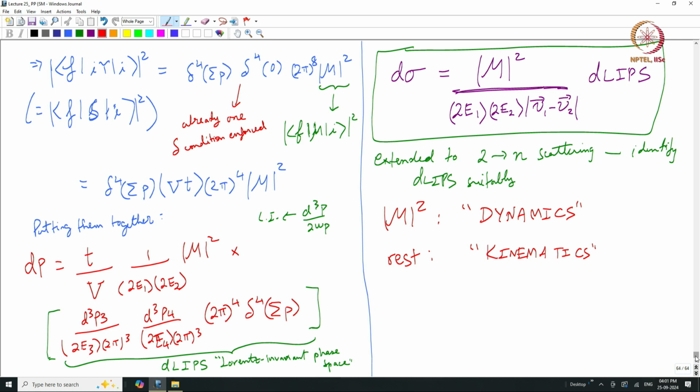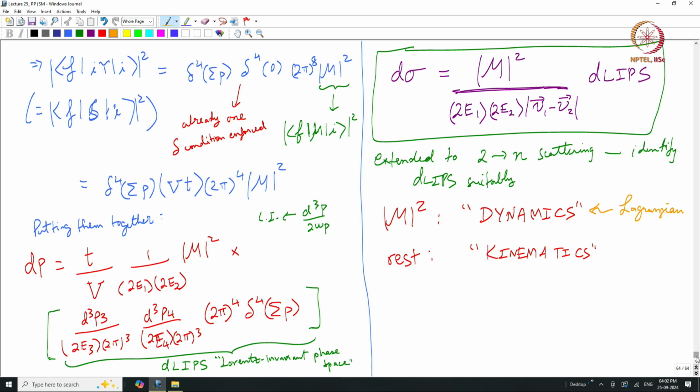Okay. And when we say dynamics in particle physics, we mean in particular the structure of the interaction itself. Ultimately, this can be traced back to the Lagrangian that is given to you inherently in nature.